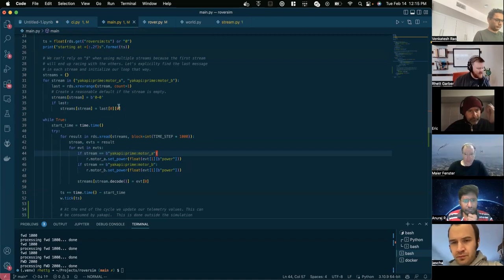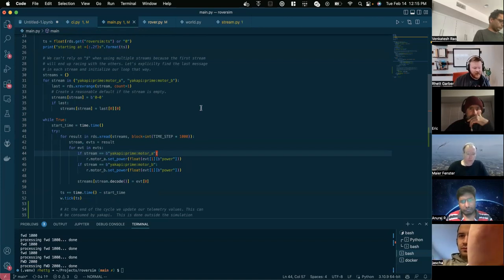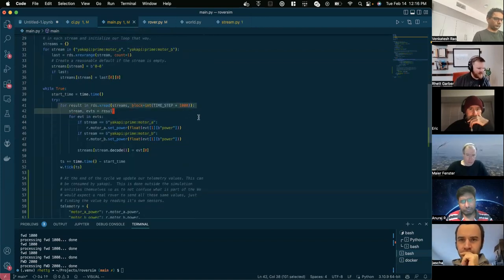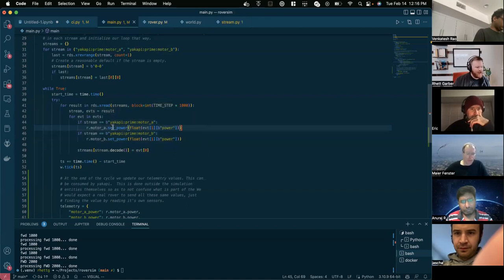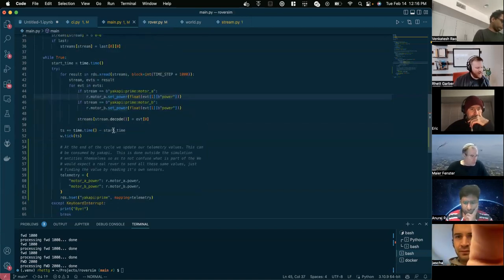This one is consuming two streams, motor A and motor B, and whatever the value is that I get off those streams is the power that should be applied to the motor. So I'm just consuming events, and if there's a motor A event that says set the power to this value, I set the power to this value.